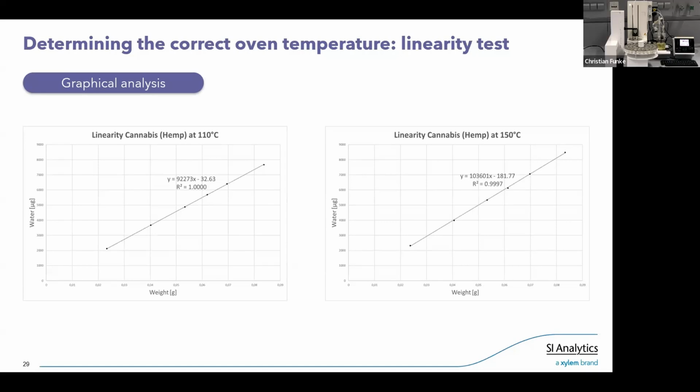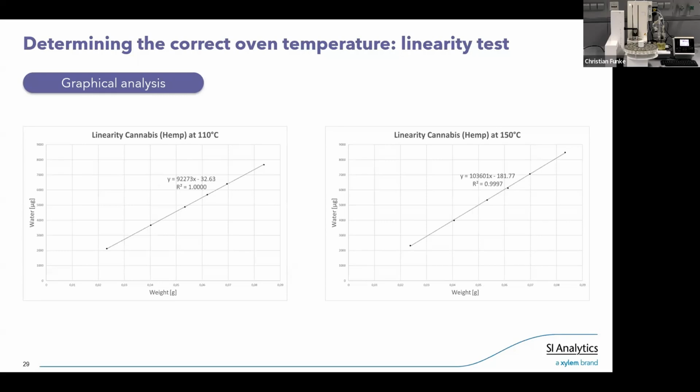But the next thing is the ordinate intercept. This should theoretically be 0 at a weight of 0. Just from experience, we can say that an ordinate intercept of 50 micrograms is acceptable.